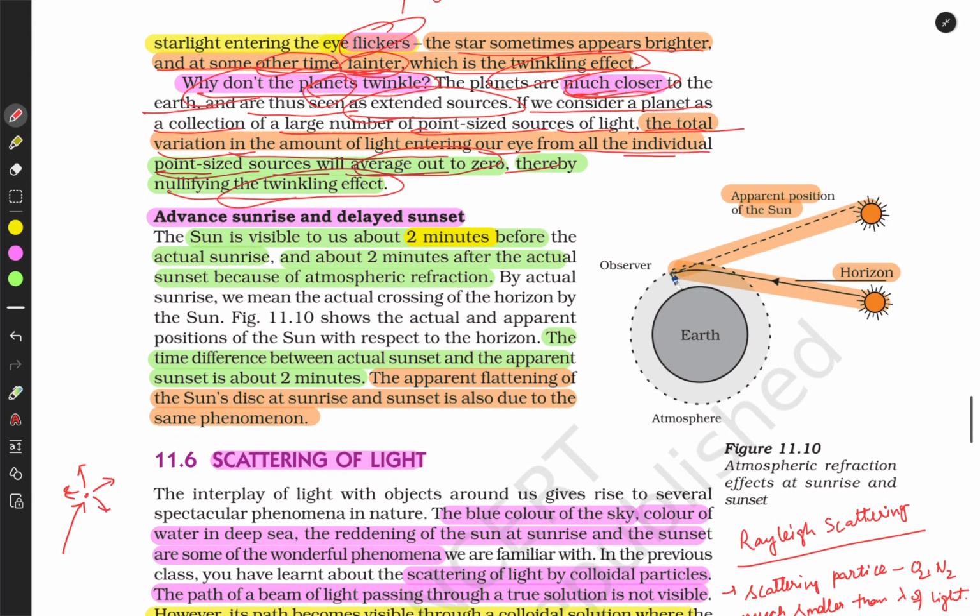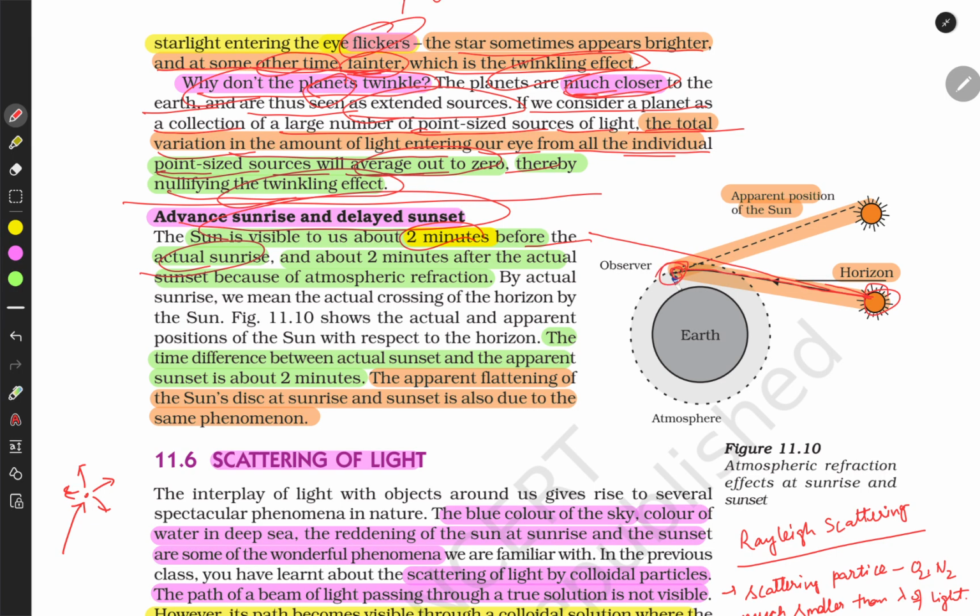We also see another phenomenon of atmospheric refraction, which is the advanced arrival of sunlight. The sun is visible to us about 2 minutes before the actual sunrise. Why? Because of atmospheric refraction, light rays that should go this way bend towards the normal and reach our eyes.